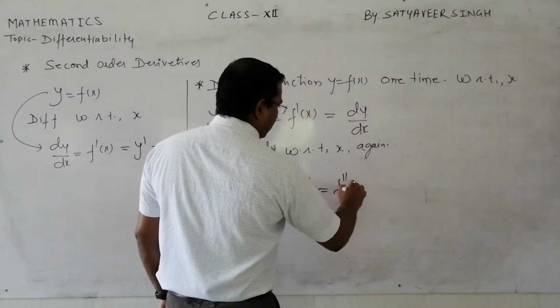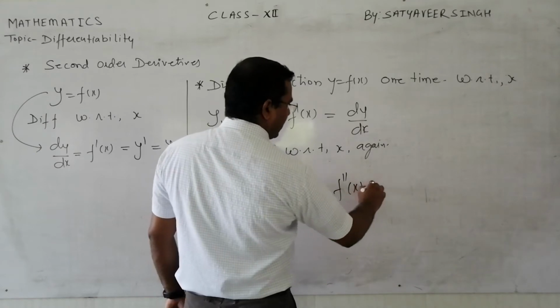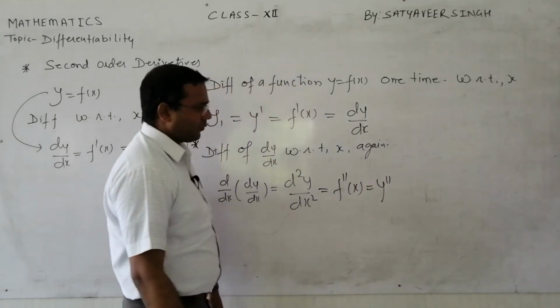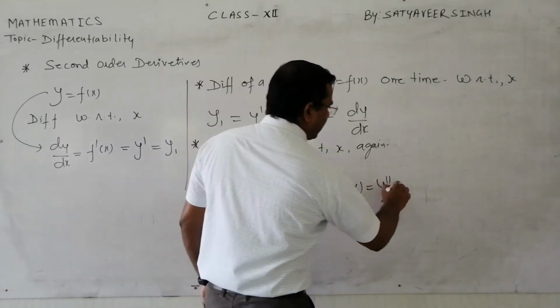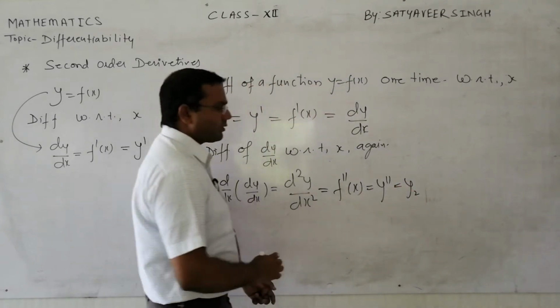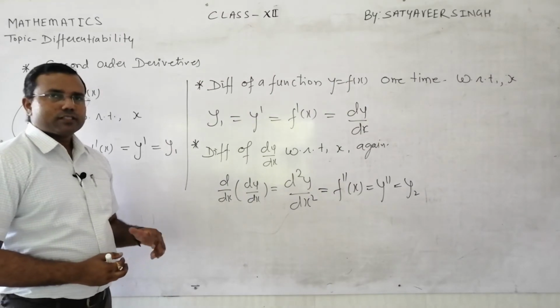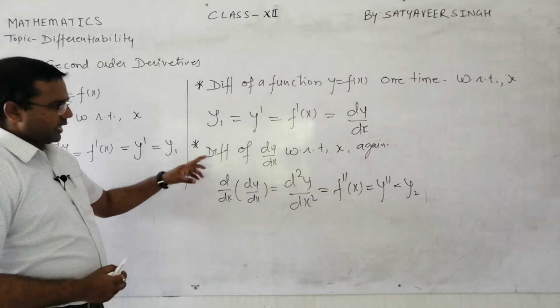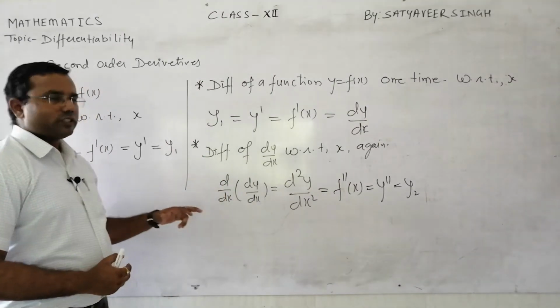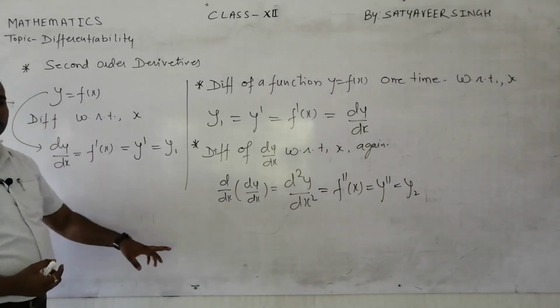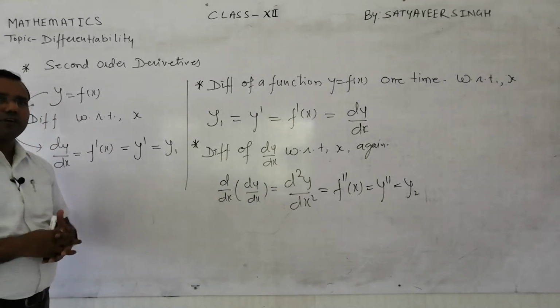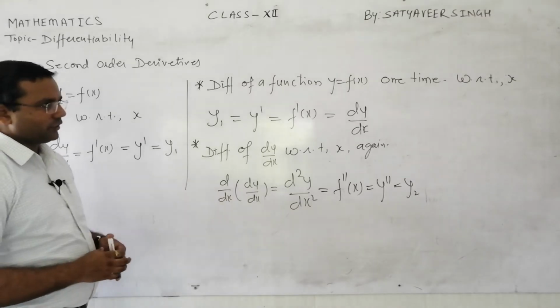We can also call this f double dash x. We may also represent it like y double dash, and in some books or questions it may be written like y2. These are the synonyms of the second order derivative, which is today's topic. So we want to learn what it is and how to find the second order derivative.